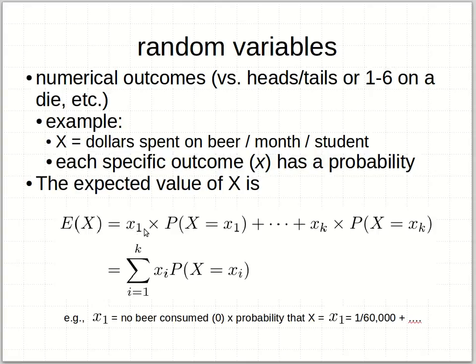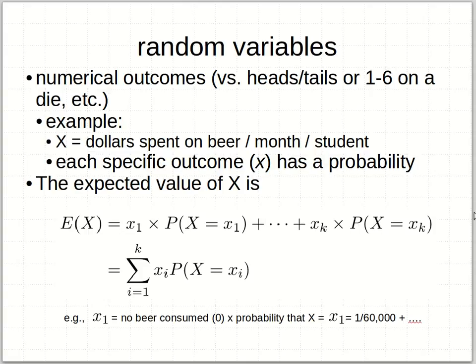So if I said there's no beer consumed, my x1 is no beer, and the proportion of students who spent no money on any beer in the course of a month, I'm assuming that's a fairly small number, times that 0 would tell me what I have for that probability, okay? And if I said plus 1 penny, plus 2 pennies, etc., all the way up, right?